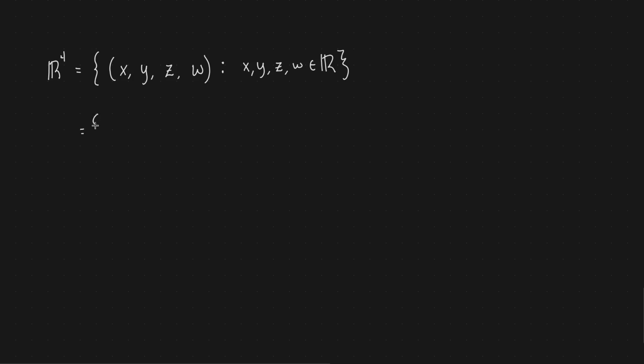And just as before, and especially once we start getting to R4, we can use subscripts instead. And so I don't have to write all of them out. Sometimes we just write any of those x's with a subscript i, for any i from 1 to 4, is a real number.